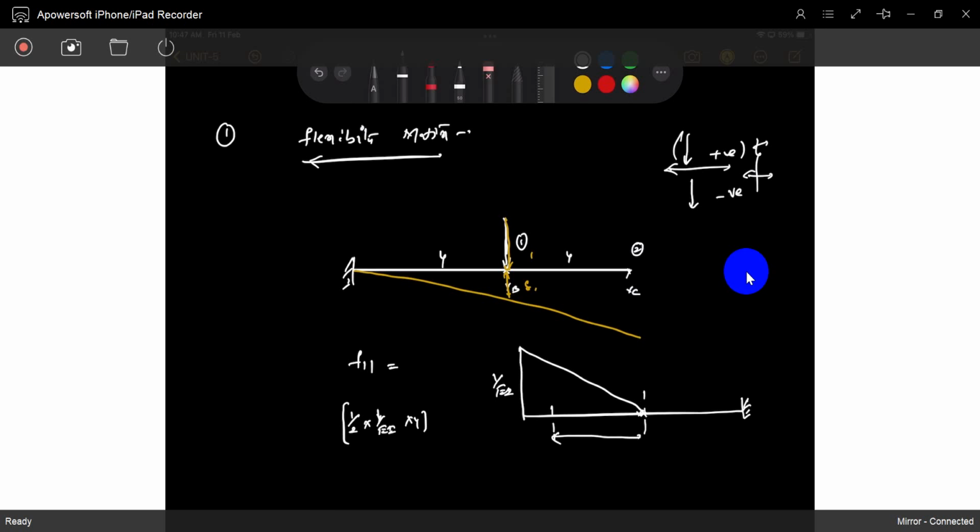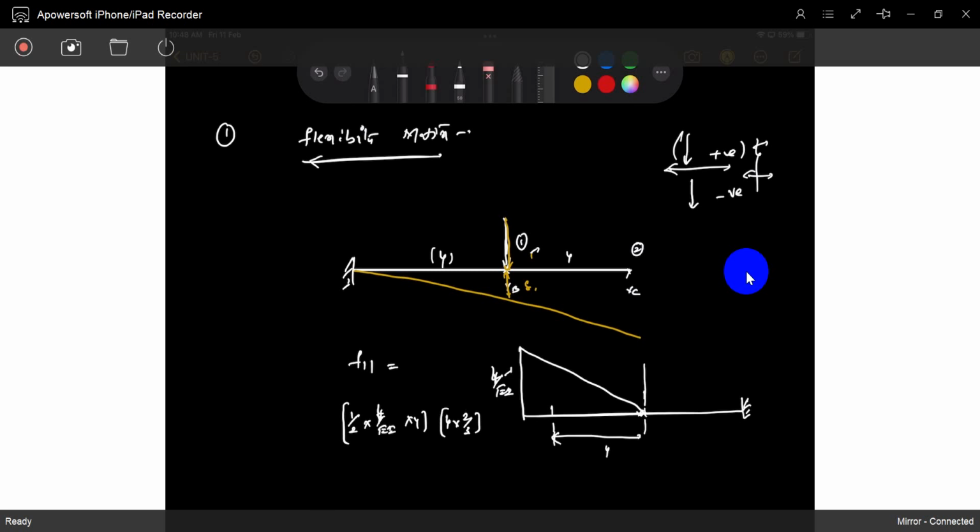Sorry, the bending moment is 4 by A, because if I apply a 1 unit force here and multiply with 4, the moment is 4 by A. Multiply 4 by A with 4. The distance is 4 into 2 by 3.